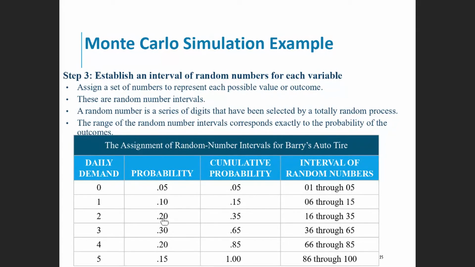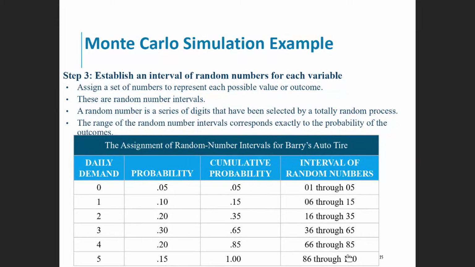And for the probability 0.2, the same, you will count 20 numbers. So if you count from 16 to 35, that will be 20 numbers. Then for the 0.3, the same, and for the 0.2, until you get the last one, which is the 0.15. When you add to the 86, you will add 15 numbers to get to the 100.